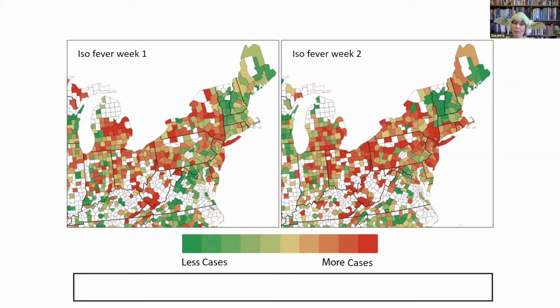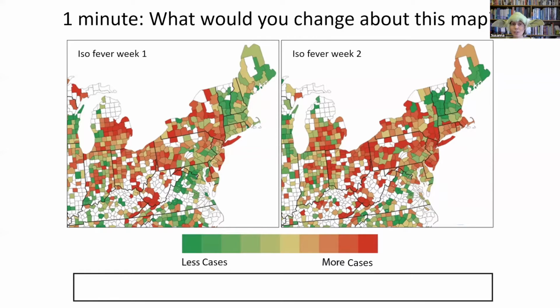So just in general, what kinds of things would you like to see changed about this map that would actually make it easier to understand? So you now have 1 minute to jot down as many points as you can, either on pen and paper or open notepad or something, about what you would change to help you interpret this map. And your time starts now.